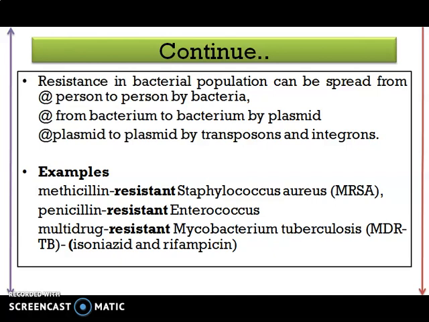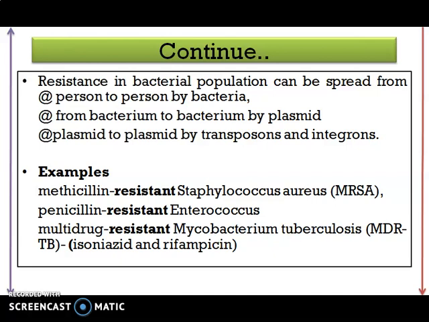It helps to transfer genetic material or genes from plasmid to plasmid by transposons or integrons. Transposons are especially chromosomal. What are the examples to understand resistance deeply?